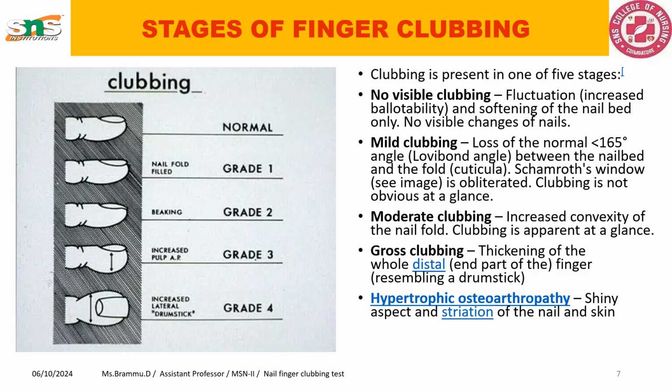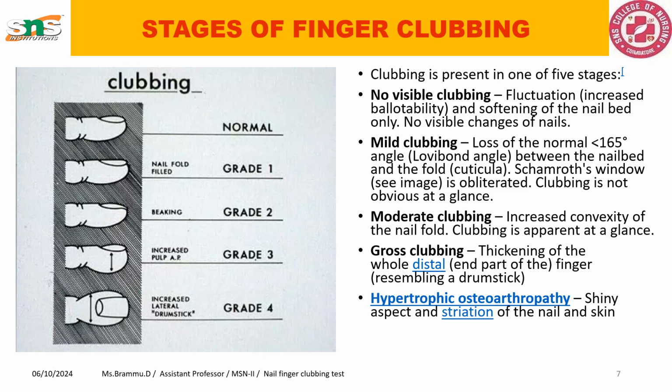In grade 3 you can see the pulp of the anteroposterior region is very heavy, that is thickened. And in grade 4 there is increased lateral thickness, from the sides, which shows gross clubbing, resembling a drumstick pattern.